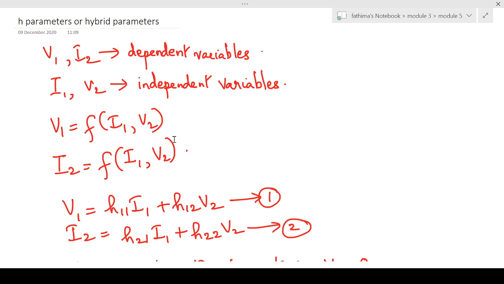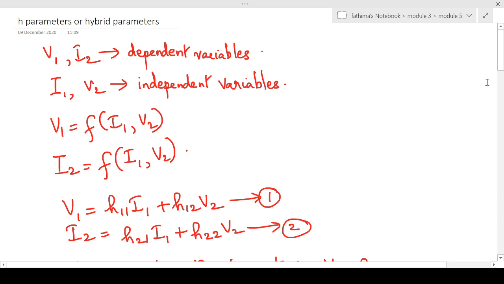In H parameters, the dependent variables are V1 and I2, and the independent variables are I1 and V2. We can represent V1 as a function of I1 and V2, and I2 depends on I1 as well as V2. So we can represent I2 as a function of I1 and V2.